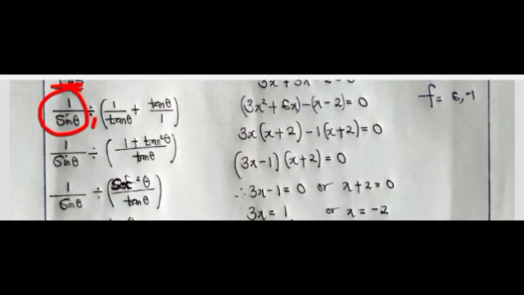What is in the brackets is, of course, 1 over tan theta plus tan theta over 1. So lowest common denominator, it's tan theta. 1 into tan theta, it's 1 multiplied by 1, which is my 1 there. This is my plus in the middle there. And then I have 1 into tan theta, it's tan theta. Tan theta times tan theta is going to give me tan squared theta.